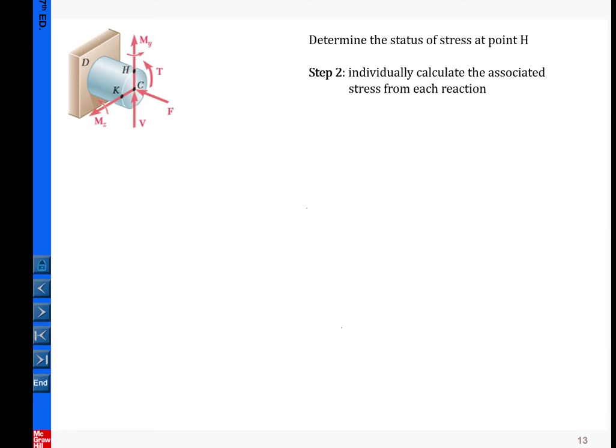Let me tabulate. Here we have the force type, the normal stress, and the shear stress. I like to tabulate because that gives us a very good concise view.